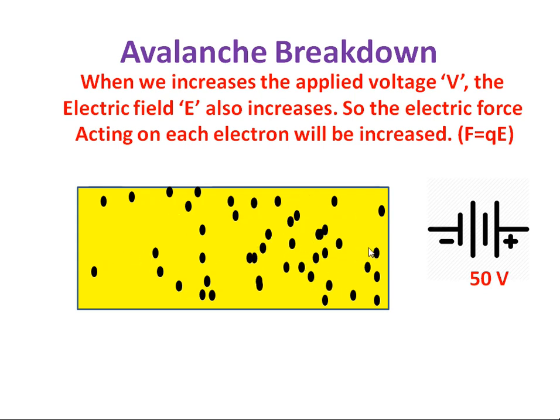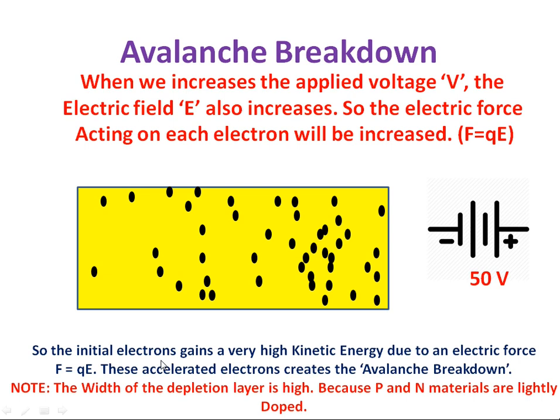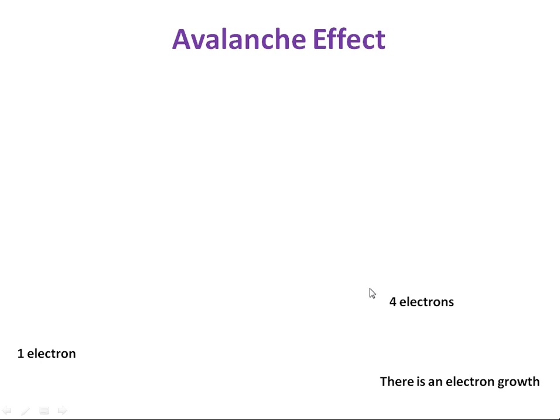So all the electrons are moving at a very fast rate. The initial electrons gain very high kinetic energy due to the electric force F equal to Q into E. These accelerated electrons create avalanche breakdown. The width of the depletion layer is very high because the P and N materials are lightly doped here. We have to note that point.